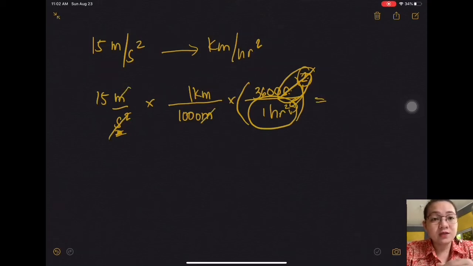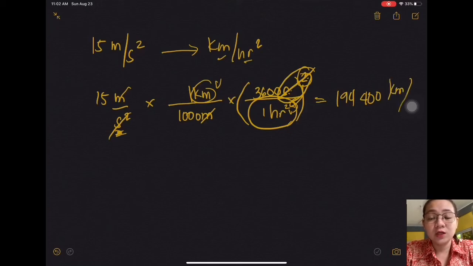So, what is the final answer for that? Using your calculator, the final answer is simply 194,400, but using 2 decimal places, applying the scientific notation, the final answer should be what?